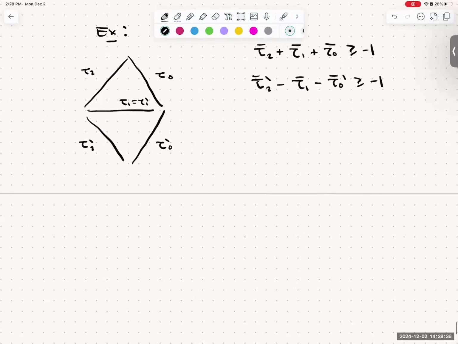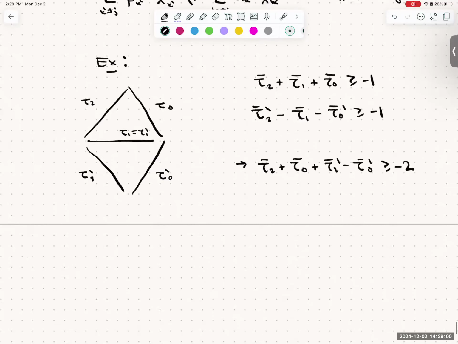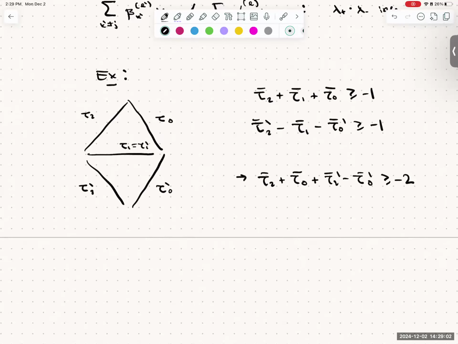I can just add these expressions together, and I get that tau 2 bar plus tau 0 bar plus tau 2 prime minus tau 0 prime is greater than or equal to -2. This turns out to be a CHSH type of inequality. It has a very similar structure for people who are familiar with those.